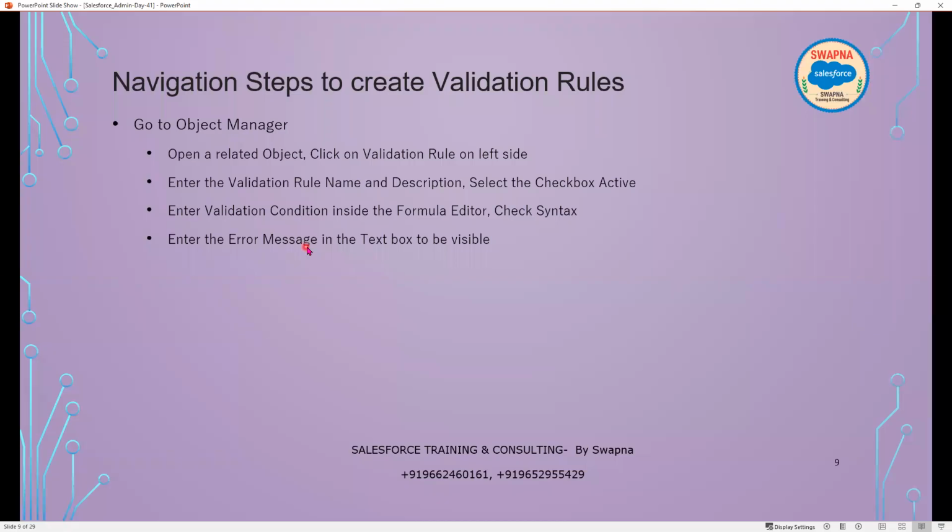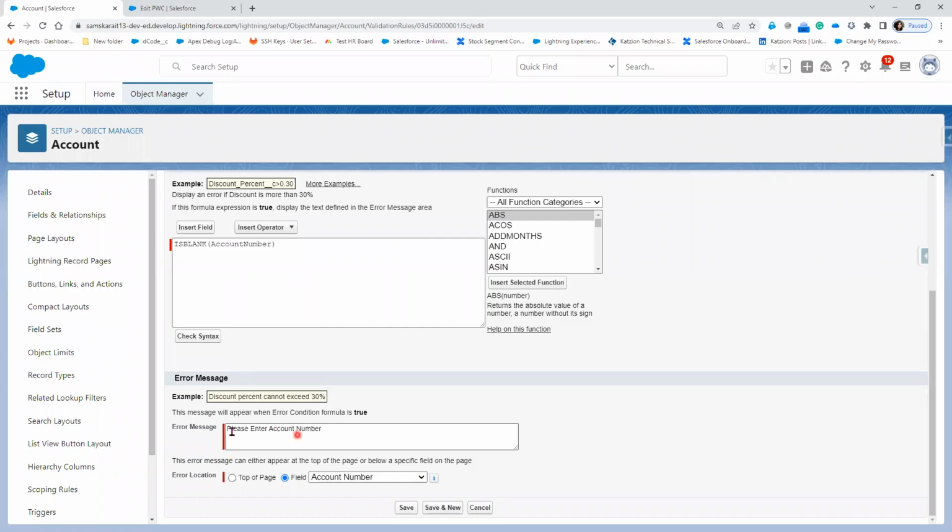Now the next one is I need to go to the error message. In the error message, I need to show the text message, what the error message is. In real time, what error message should be displayed is provided by the client. So temporarily you can give some error message here, but when you are pushing this to production, you need to confirm with the client that this error message is fine to display to the end users.